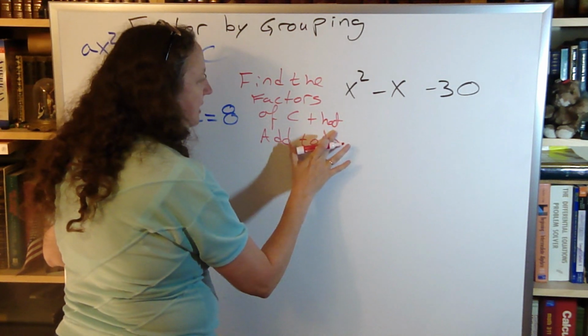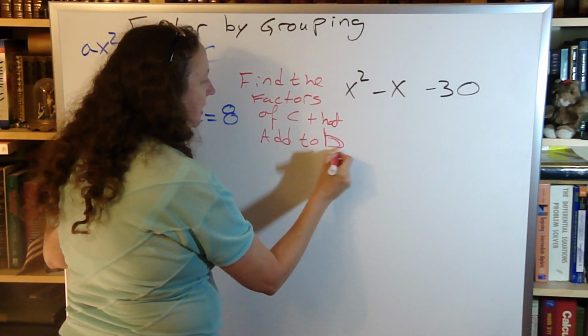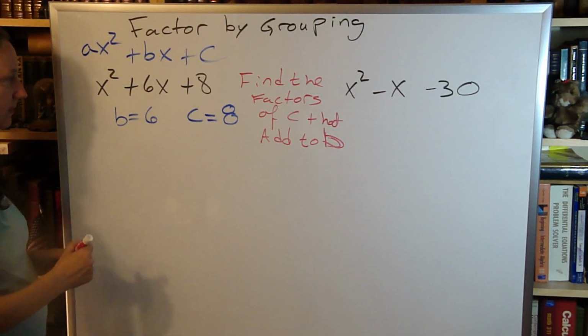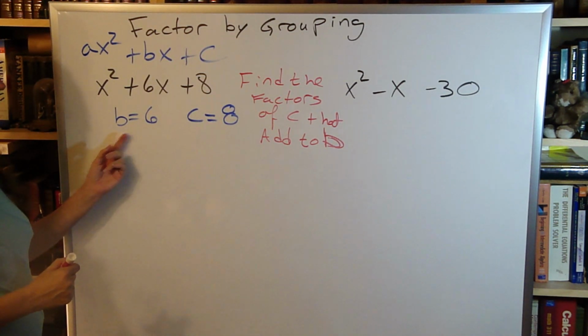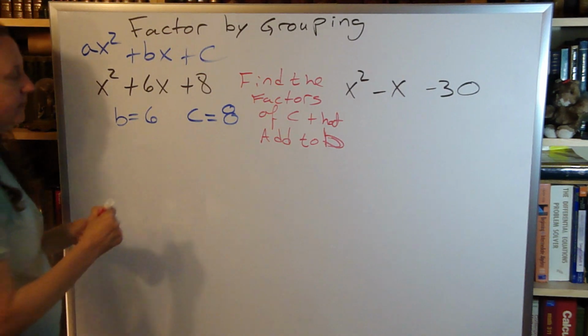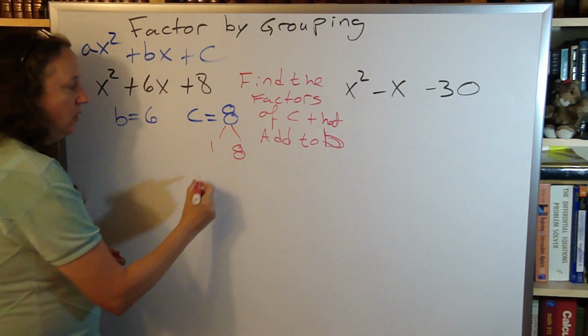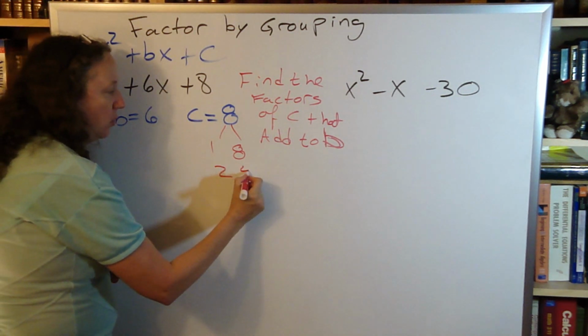And I should write this in all the same case as what I have up there, because case matters. So I want to factor out this. I can do 1 times 8, or I can do 2 times 4.